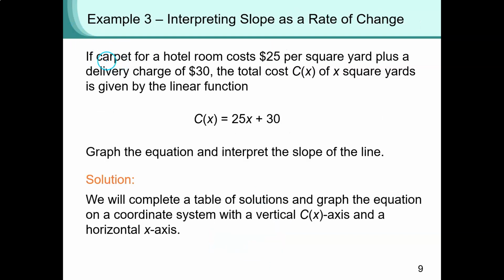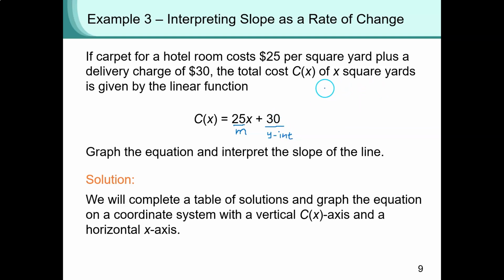We look at an example. If carpet for a hotel room costs $25 per square yard plus a delivery charge of $30, the total cost C of x square yards is given by the linear function. Now we have to graph the equation and interpret the slope of the line. When I look at this function, I know this number represents the slope, and this number represents the b value, which is your y-intercept.